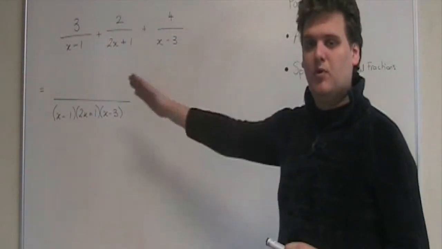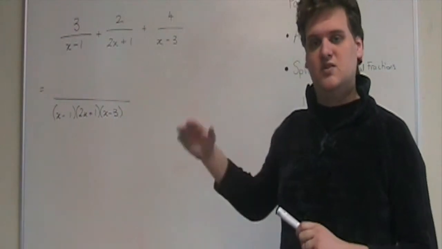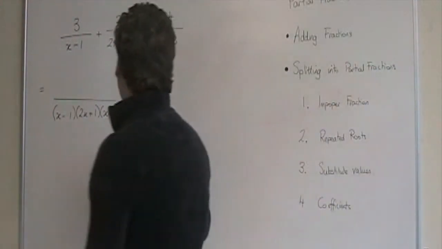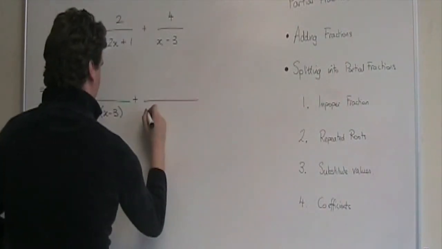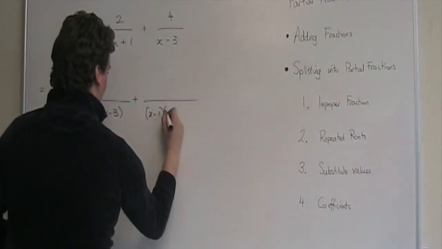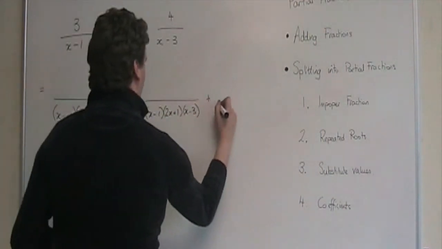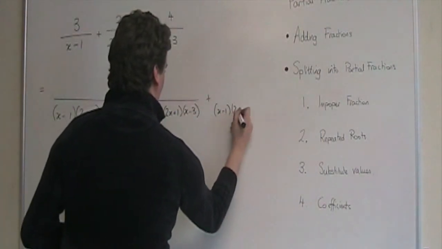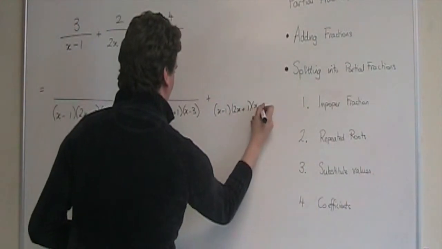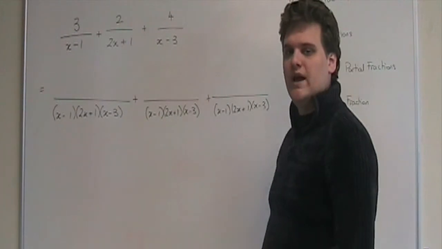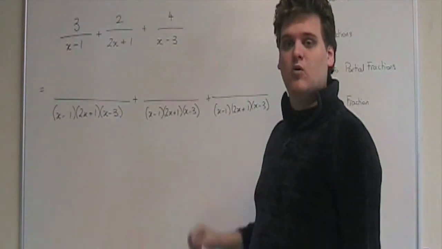For now, I'm going to put that in each of the 3 fractions so that you can see the equivalent fractions and then see how they're multiplied together. Okay, we now have 3 denominators, all the same.